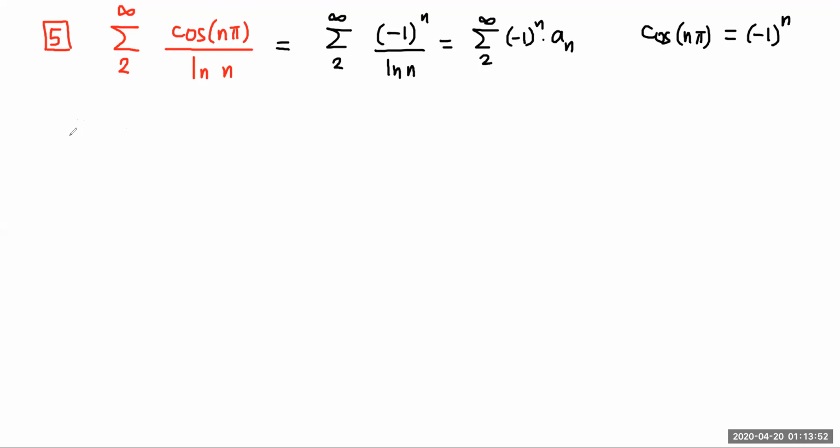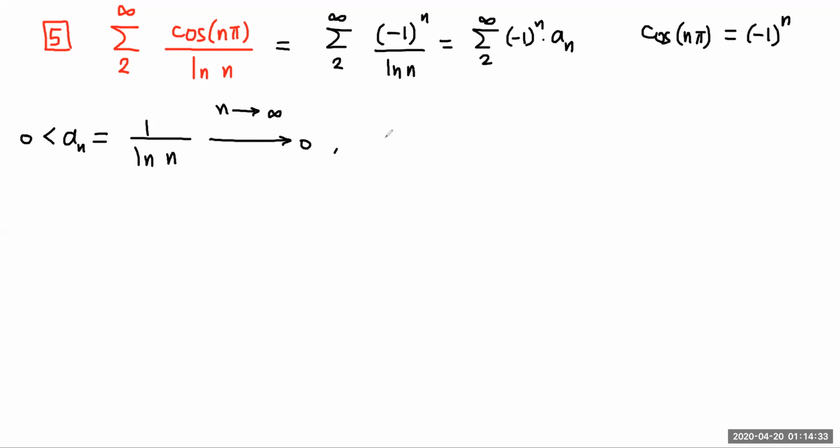Let's take the term a_n. So a_n is 1 over ln n. This is greater than 0 when n is bigger than 2. When x is between 0 and 1, ln x will be negative. If x is bigger than 1, it's positive. So this term is positive. And this approaches 0 when n goes to infinity, because ln n approaches infinity when n goes to infinity.